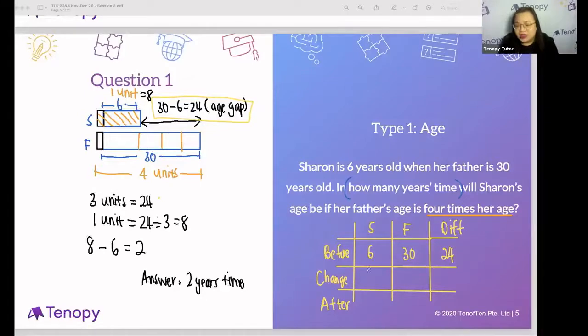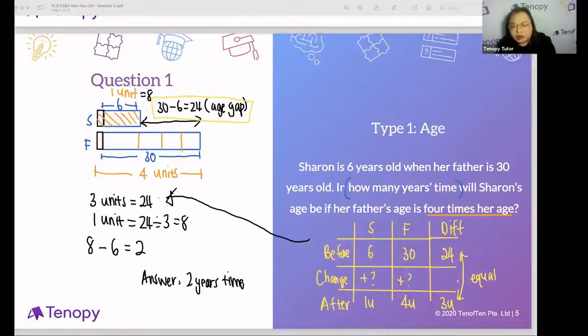Same part, okay? Then the change is, I don't know how many years later they added, but I know that the father became 4 units. Sharon is 1 unit, difference is 3. Therefore, this must be equal. Get it? So if you use the table, you realize that you can continue from these steps onwards. It has the same information.